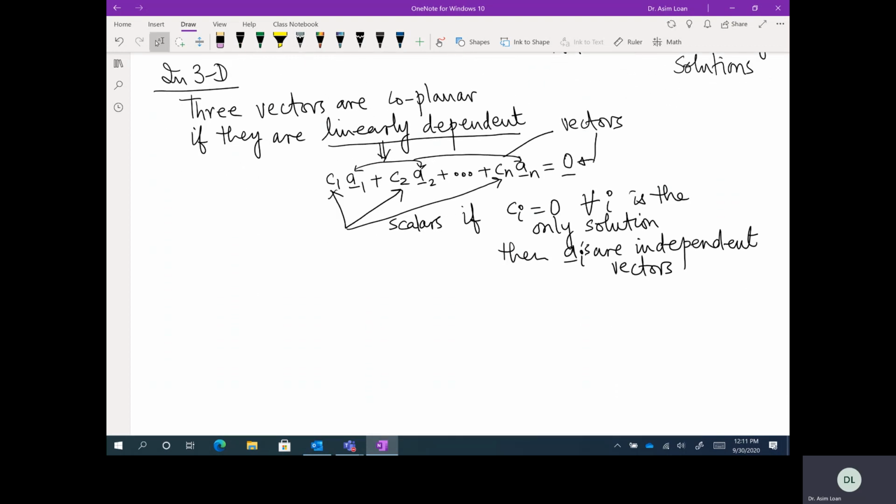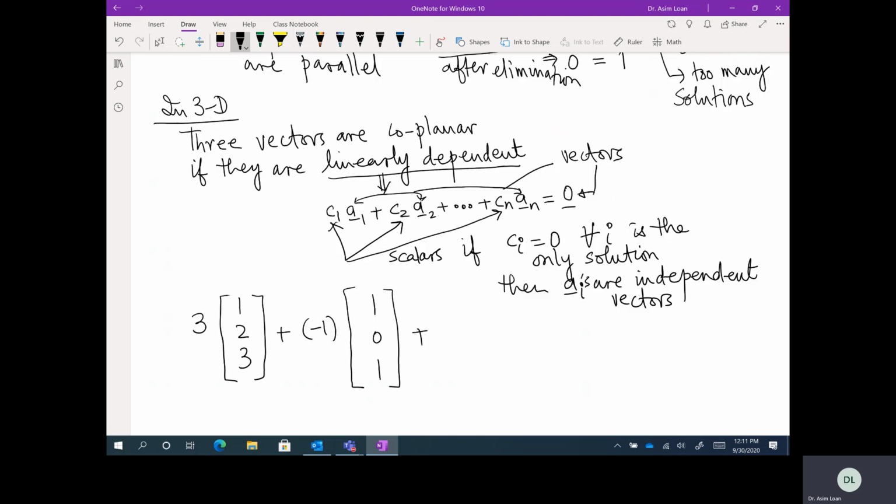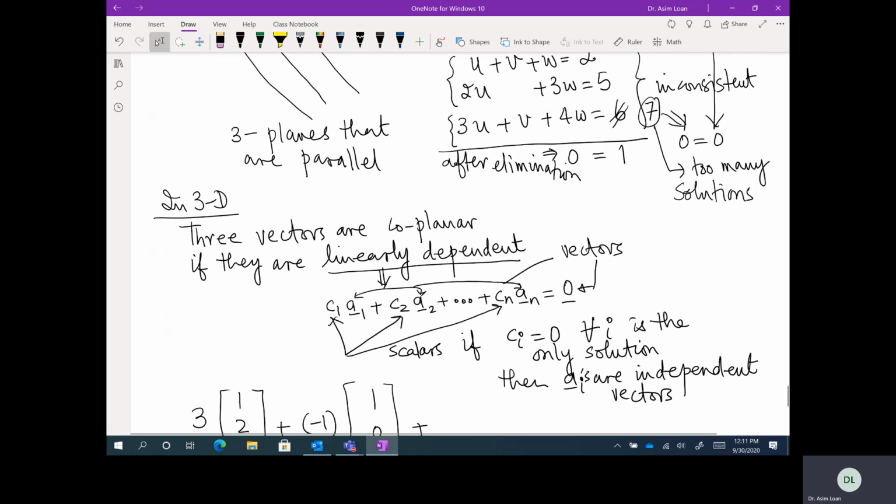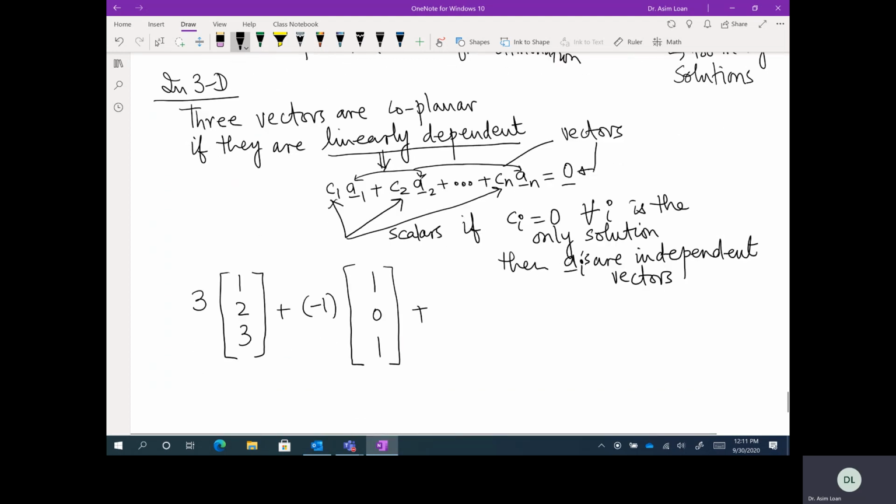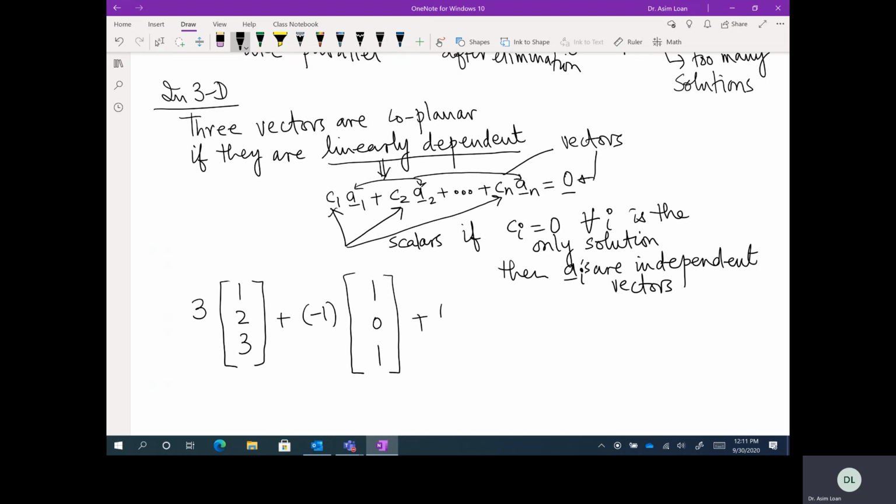And we can see 3 times (1, 2, 3) plus minus 1 times (1, 0, 1) plus, from here, (1, 3, 4).